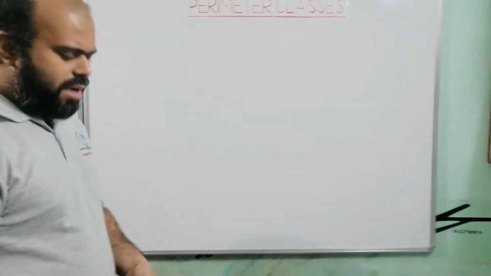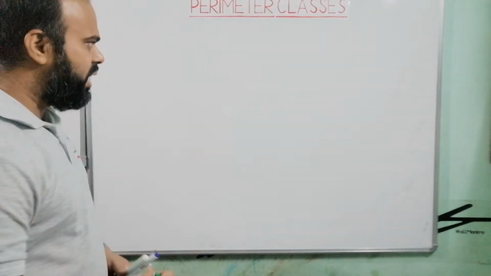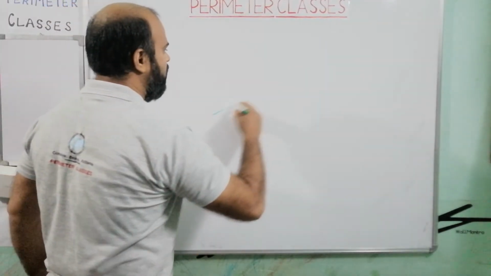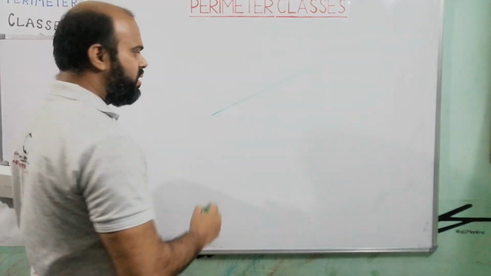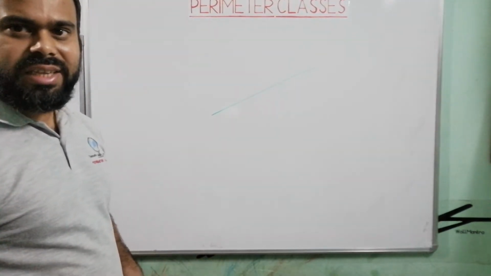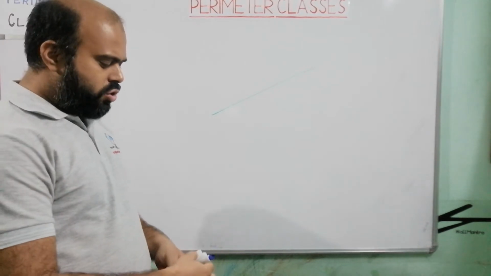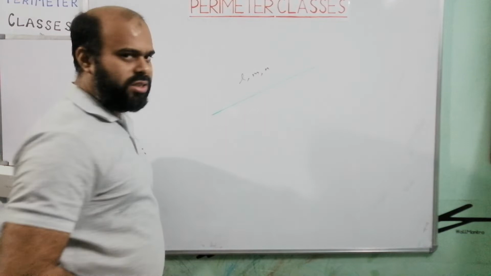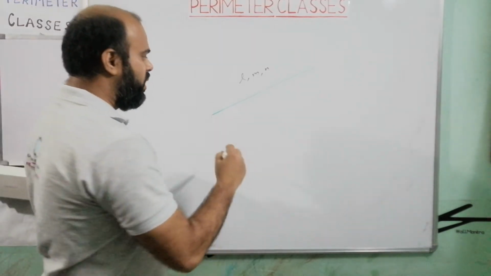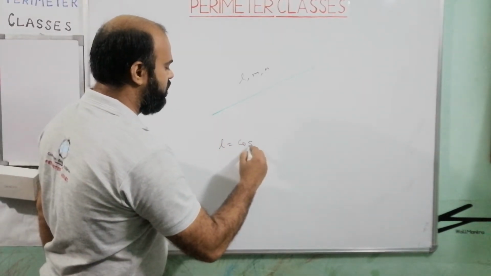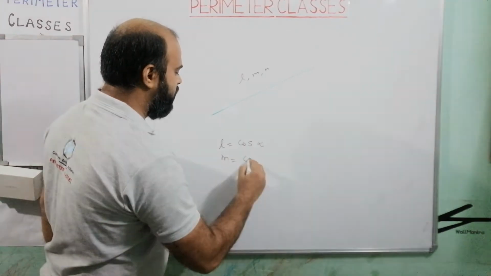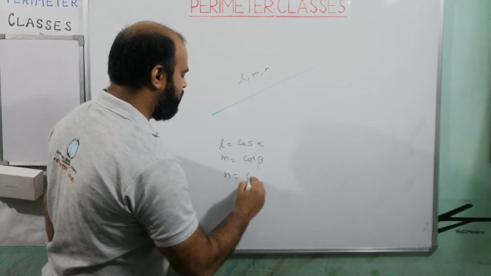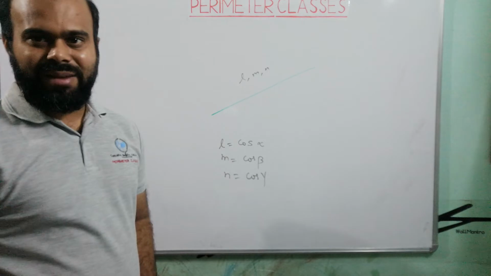So what I am doing over here, I am taking a line, and this line has direction cosines given as l, m, n. What are l, m, n? l means cos alpha, m means cos beta, n means cos gamma.